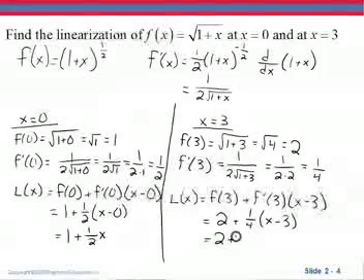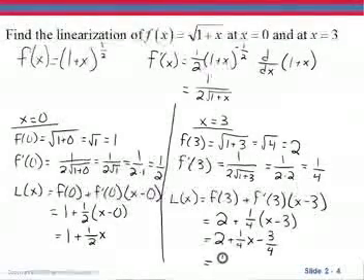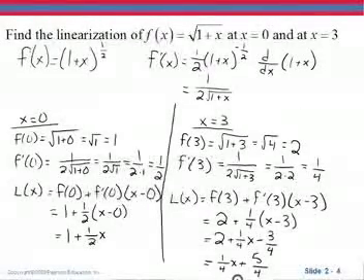To simplify this, we can distribute: 1/4 times x is 1/4 x, and 1/4 times negative 3 is negative 3/4. Collect your like terms, you'll have 1/4 x, and 2 minus 3/4, remember 2 is 8/4, so that will give us plus 5/4. So if we pick points that are right around 3, this function will give us a very good approximation to the actual function value.